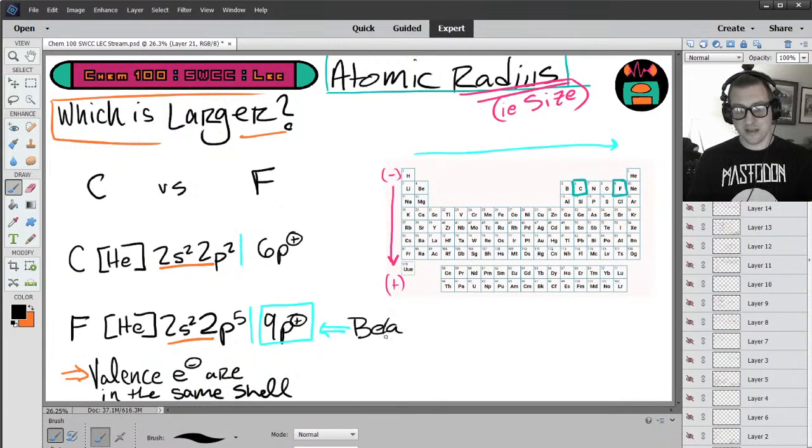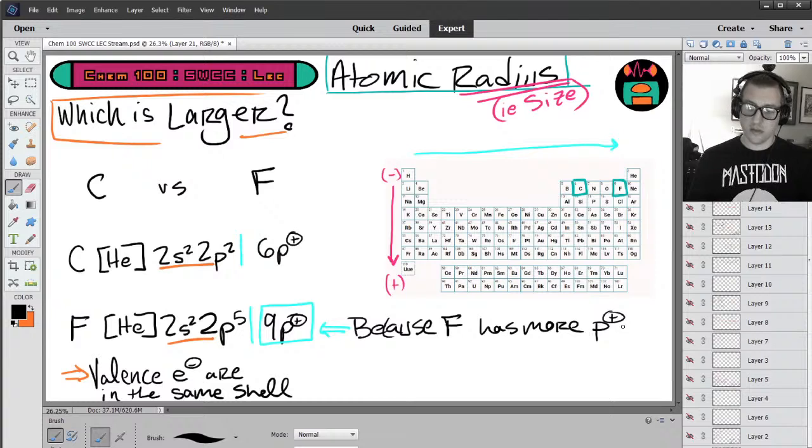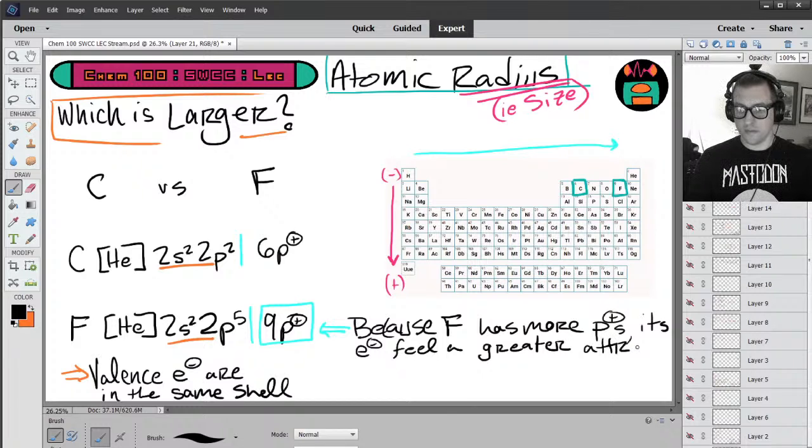Because fluorine has more protons, its electrons feel a greater attraction to its nucleus than carbon's do.